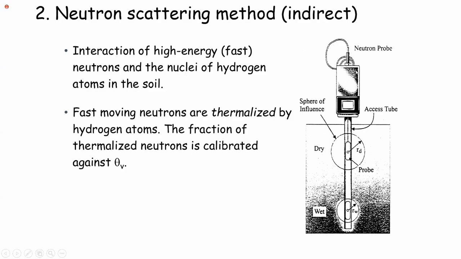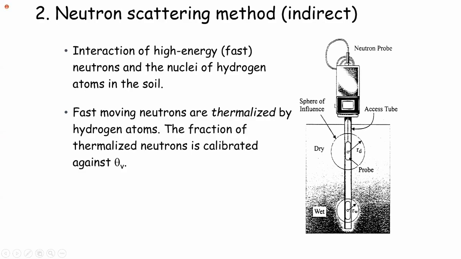Actually this neutron probe is a tube containing a radioactive material, and this radioactive material emits fast moving neutrons. These fast moving neutrons will collide with the hydrogen in water in the soil and they will be slowed down.